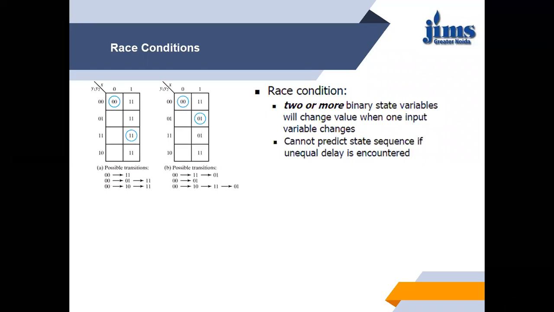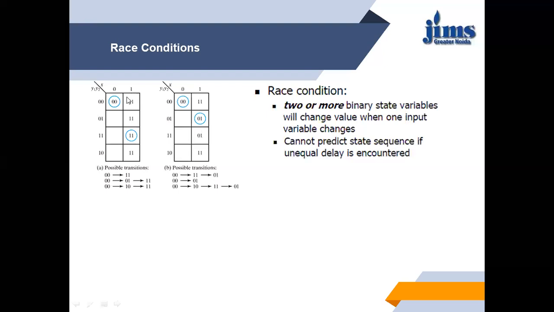Now, consider an example. Suppose initially we are in stable state 0 0. That means the present state is 0 0, and we can clearly see in the transition table that 0 0 is a stable state as it is circled, because small y equals capital Y. Now what happens if x changes from 0 to 1?